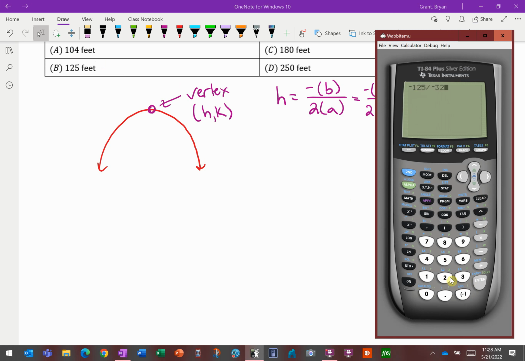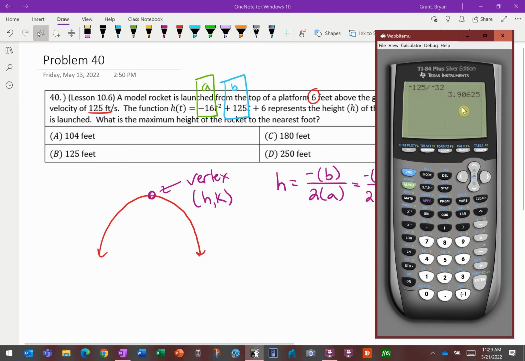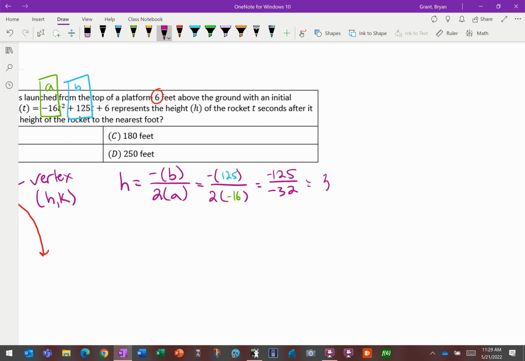And this gives me 3.90625. Oof, that is a rough one, isn't it? 3.90625, I'm going to write that down. Okay, so we found the first part of our vertex, the h.